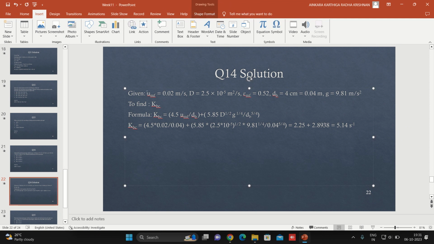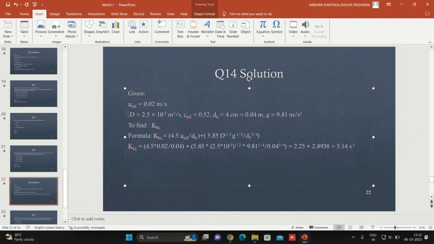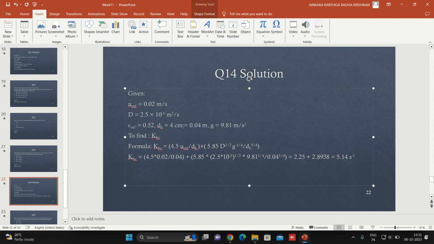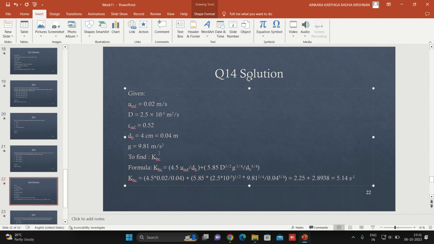So for that, what is given? The minimum fluidization velocity is given, the diffusivity coefficient D is given, and epsilon mf, that is the void fraction of the bed at minimum fluidization condition, is given, and we have the diameter of the bubble dB, and G, which is 9.81 meter per second square. So we need to find KBC, which is given by the Davidson and Harrison 1963 expression.